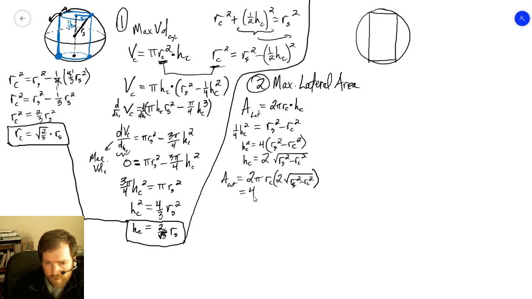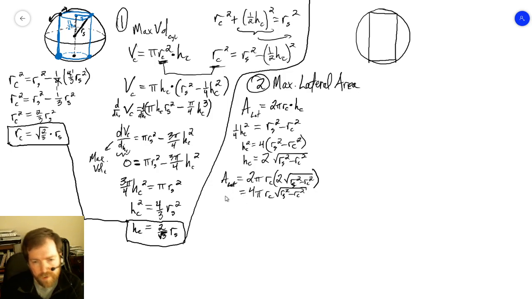So that's 4 pi rc root rs squared minus rc squared. Alright, so this is the lateral area of this thing. So then we want d/d rc from both sides.